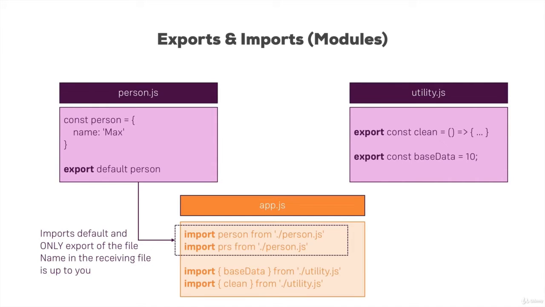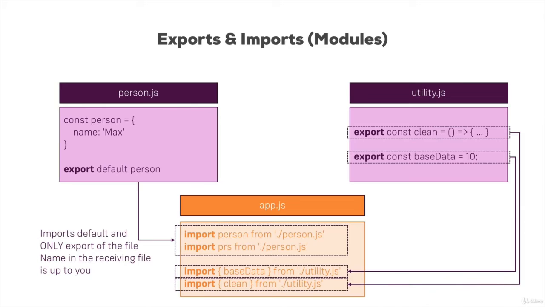For utility.js, it's a bit different. There we import from two different constants, and therefore the import syntax uses the curly braces to explicitly target specific things from that file. These are so-called named exports. Because we import the stuff by its name.